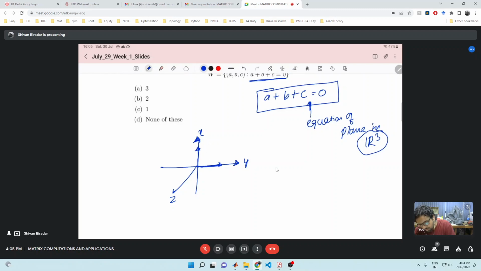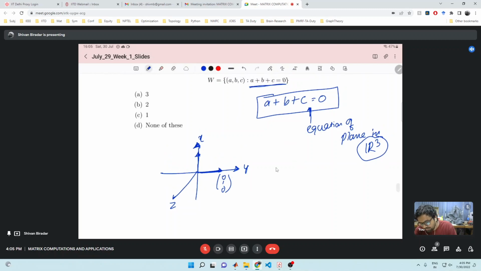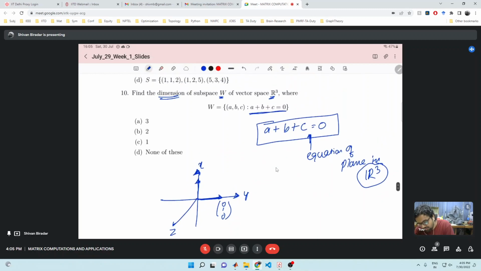Let us say that this is (0, 1, 0) and this is (1, 0, 0). Take the span of these, and you'll get this whole XY plane itself. So to generate any plane in 3-dimensional space, you need only 2 vectors. So the dimension of this subspace, the plane, would be 2.